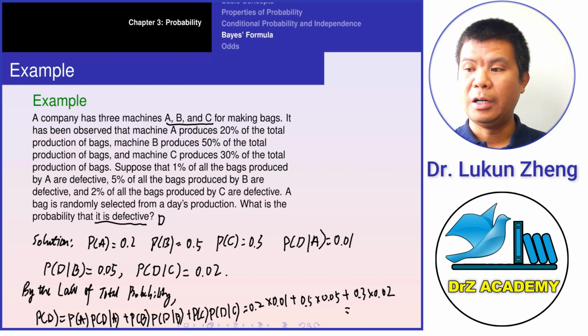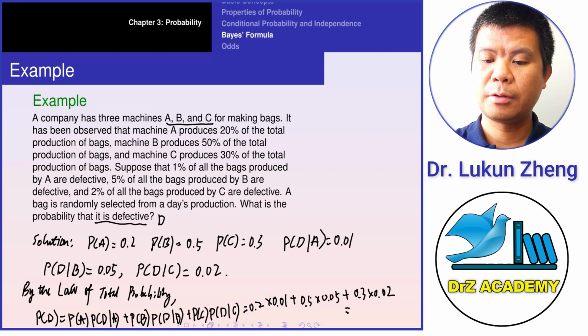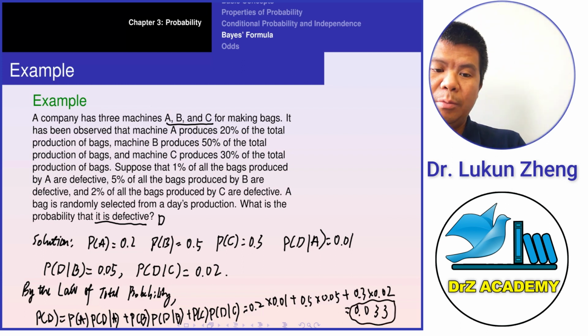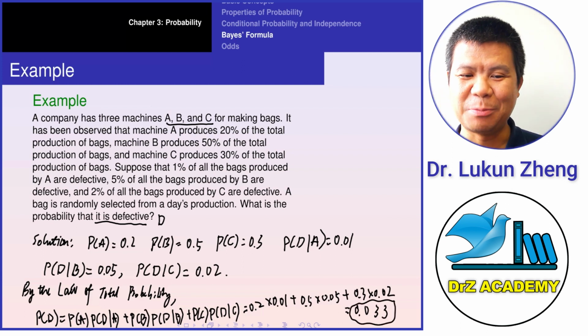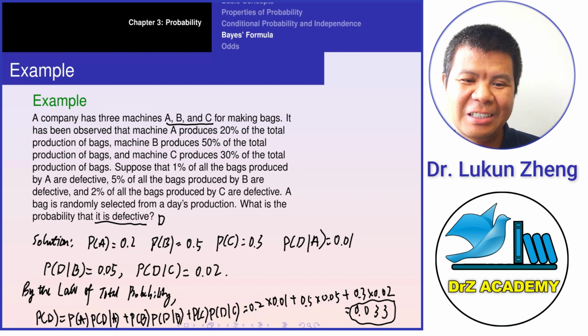I got 0.033. So that's the probability that it is defective, P of D.